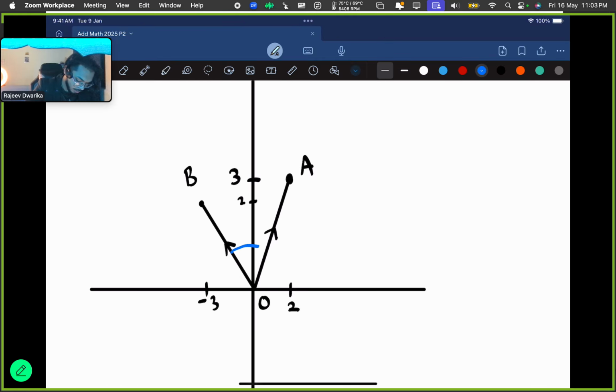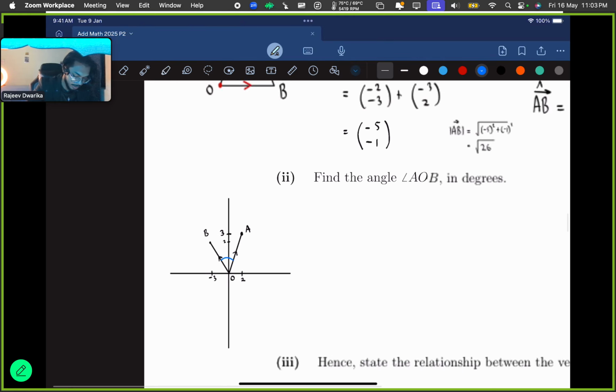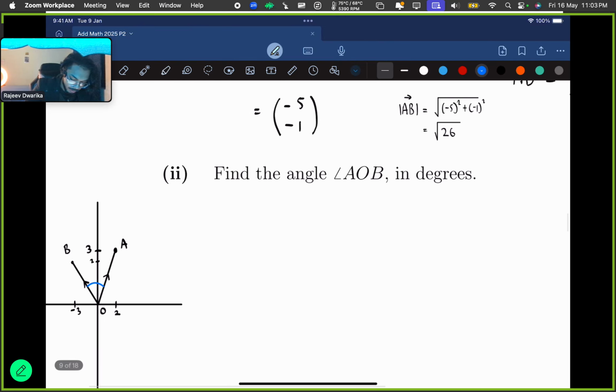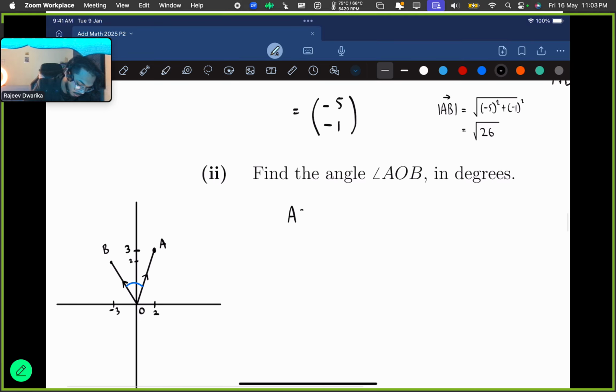To find the angle, cos AOB is equal to the dot product of OA and OB, all over the magnitudes of OA by OB.